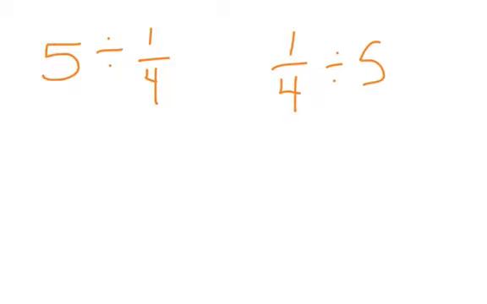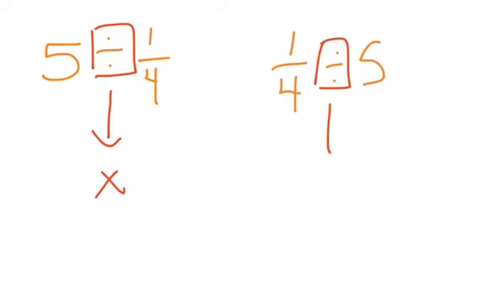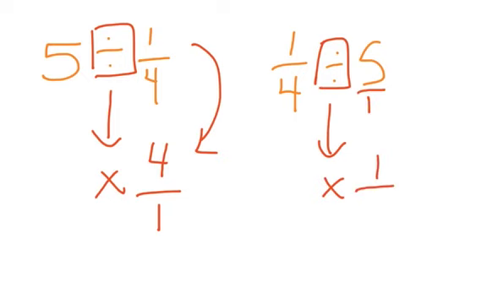Okay, remember, I'm going to show you one more time. Here's the difference. 5 divided by 1/4 and 1/4 divided by 5. You do the same thing. We multiply. You flip. 5 becomes 5/1, and if you flip it, it's 1/5.